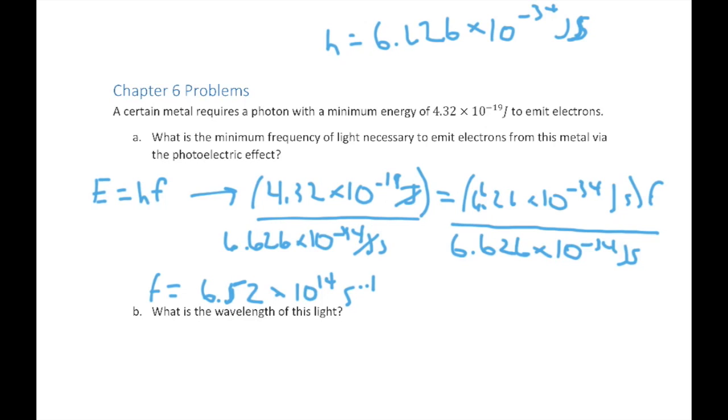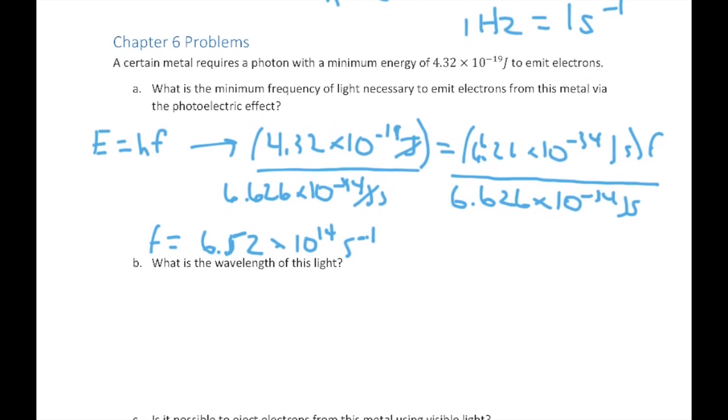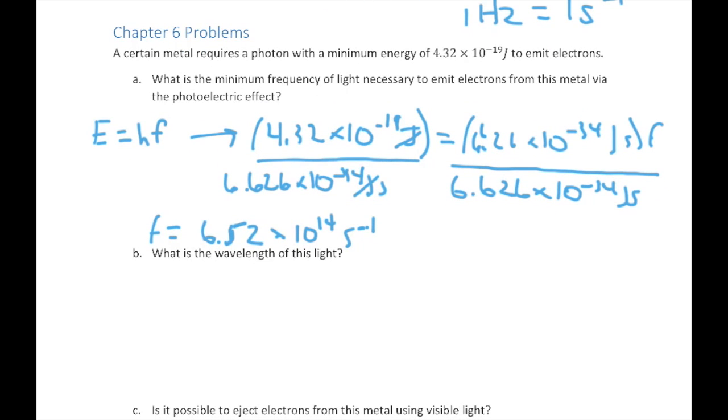Okay, and remember, with inverse seconds, that equals hertz, right? 1 hertz, that's the unit for frequency, equals 1 inverse second. So that is the minimum frequency of light necessary to emit electrons.